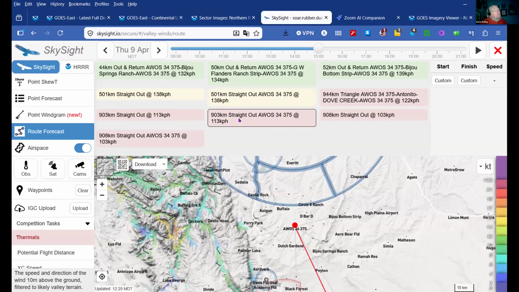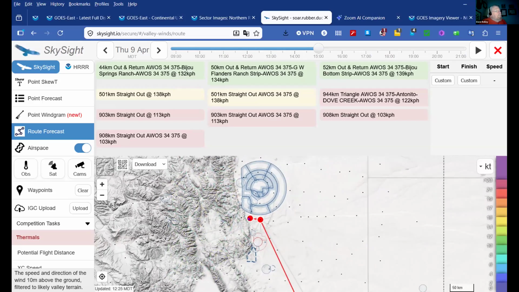This is in their coordinate system. This is the longest potential flight distance, first thermal to very last thermal, maybe landing a half hour before sunset on my final glide, that kind of thing. Okay. And that's the general definition for the colors. Let me scoot the map out a little bit.